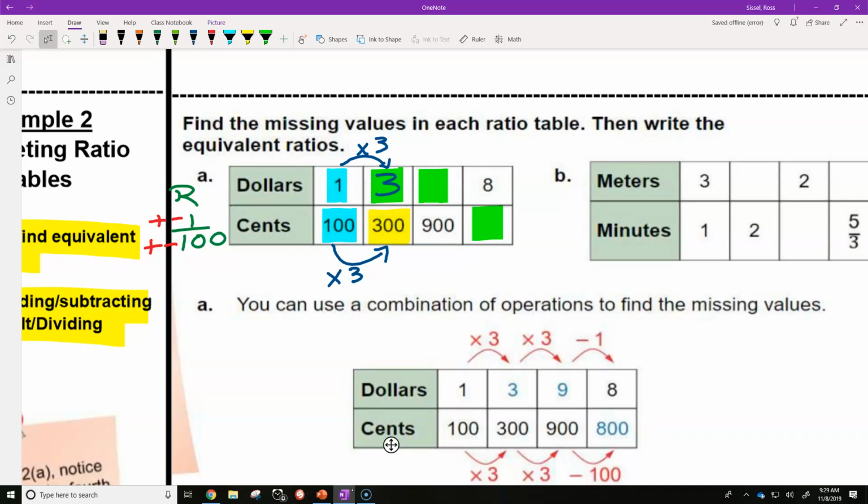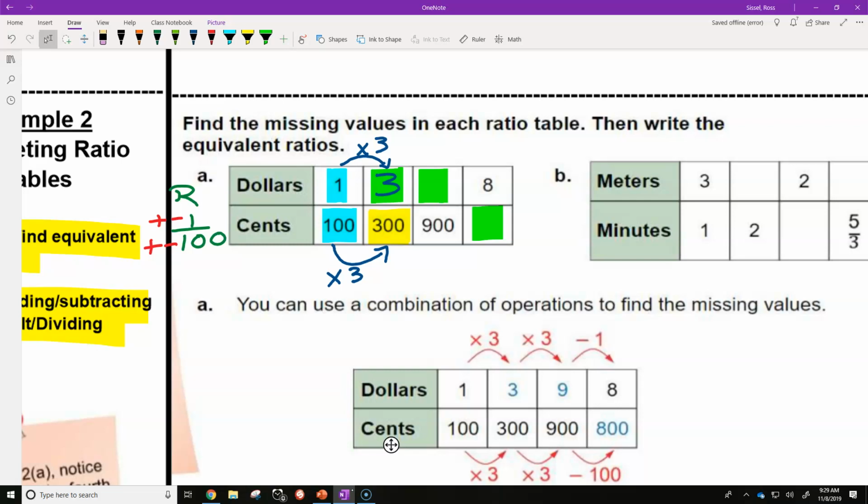Does anyone know what the rule is right now? Nope. Because 1 times 3 is only 3. If I'm making an input-output table, if I put 1 in, and I times it by something, and 100 comes out, what is the rule?